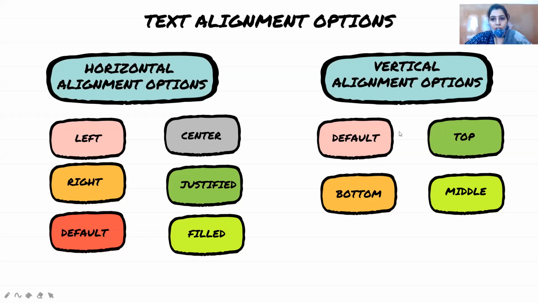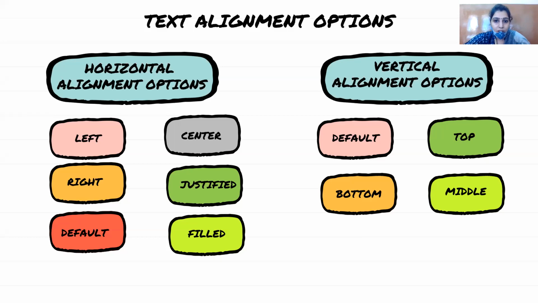Okay. So moving towards the vertical alignments now, when you want to set content towards the top edge of the cell, that will be the top alignment. When you want the content aligned towards the bottom edge of the cell, that will be the bottom alignment, and middle will take with respect to the top as well as the bottom. And the default value in case of vertical alignment is bottom.